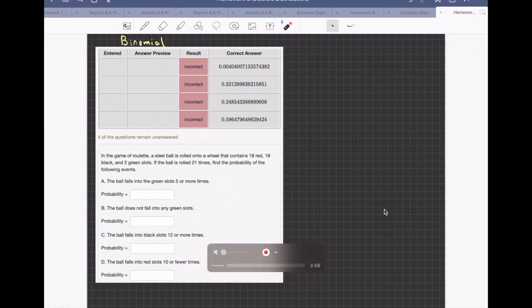All right, let's see one example from the book, from Weckberg. I will explain why this is a binomial, I will identify the parameters, and then I will use the application. It says, in the game of roulette, the steel ball is rolled onto a wheel that contains 18 red, 18 black, and 2 green slots.